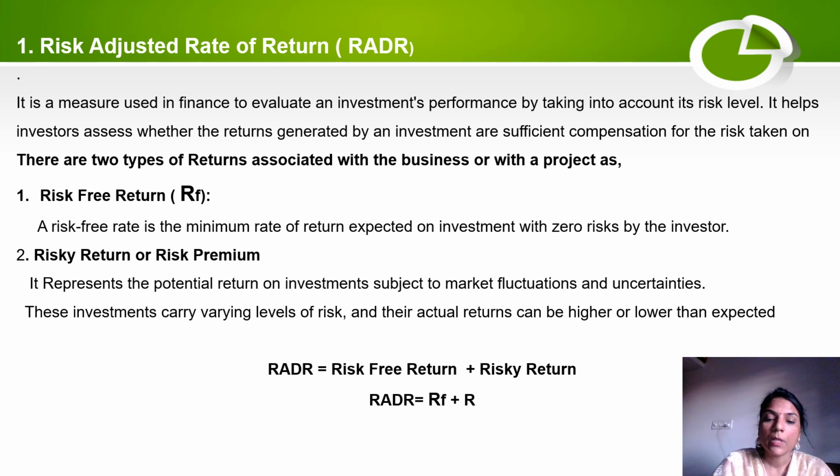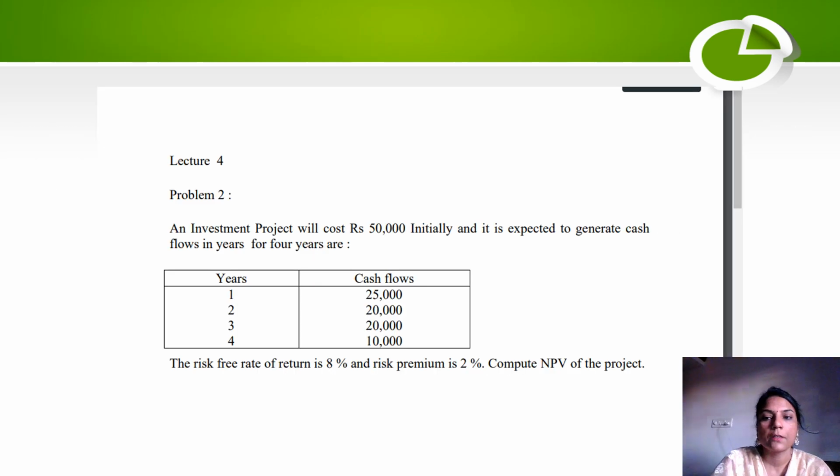So RADR is calculated as: RADR is equal to the risk-free rate of return plus the risky return. The risk-free rate of return is the same for all projects or investments, and the risky return is based on that particular project or investment.